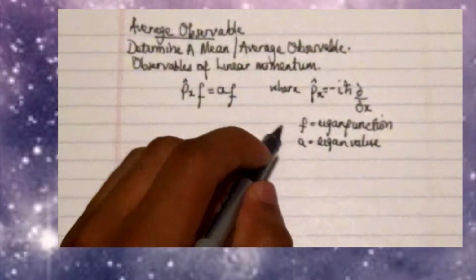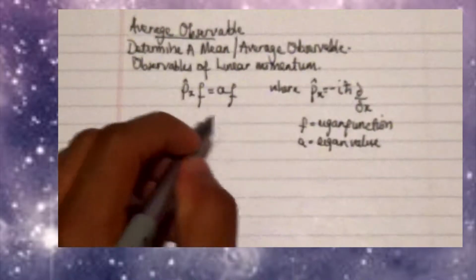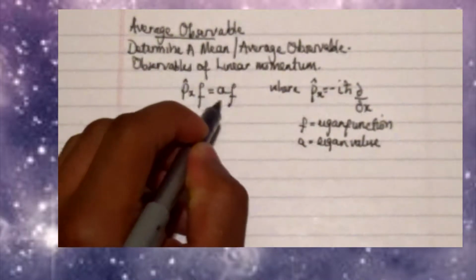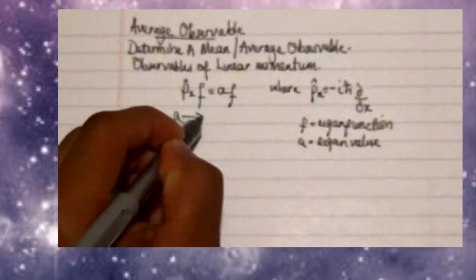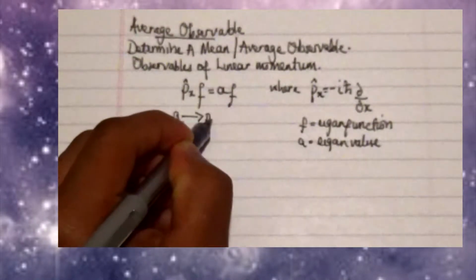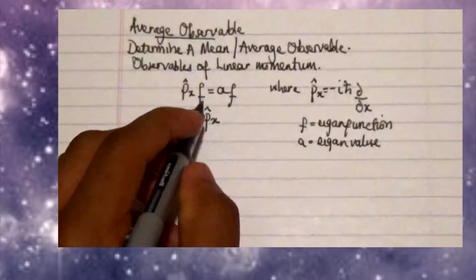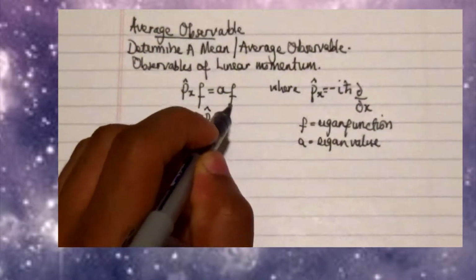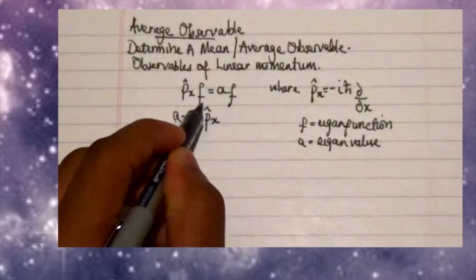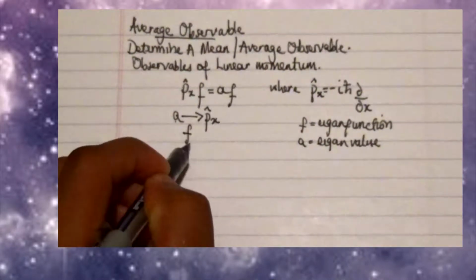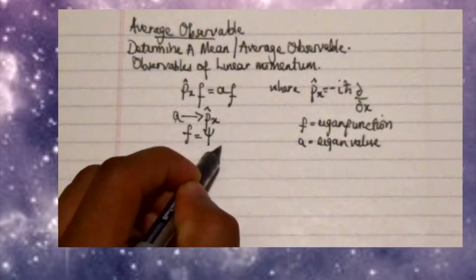Therefore, for the calculation of our a, which is the observable for our linear momentum operator, extracted from our operator, we can determine our a with respect to our eigenfunction, which is f. So f in this case is equal to, let's make it psi.